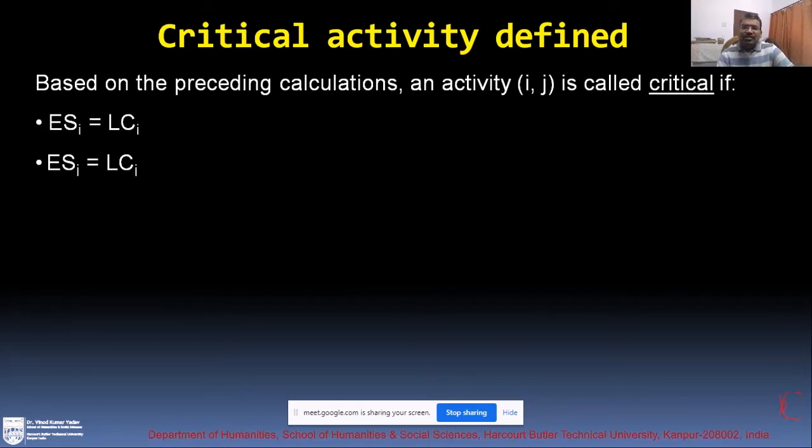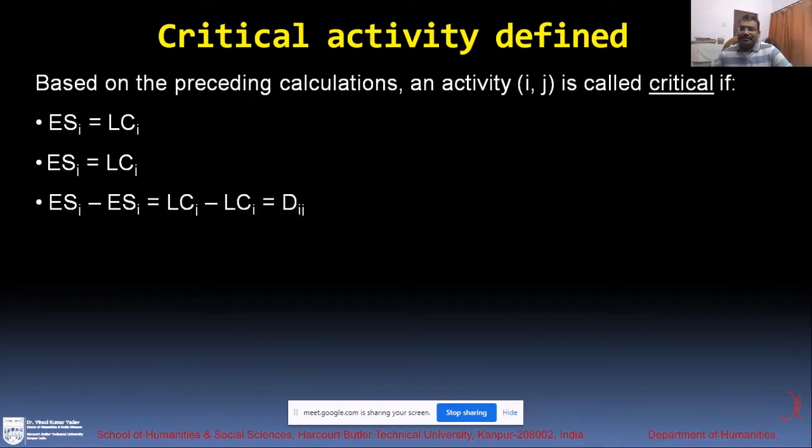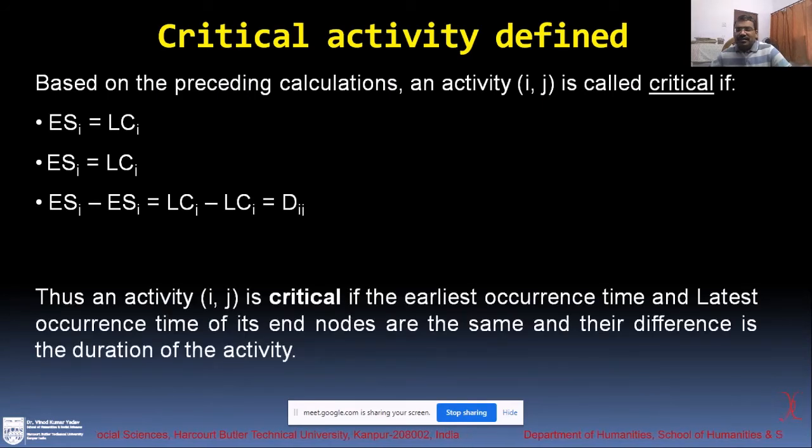Based on this preceding calculation, the activity Ij is called critical if the earliest start time and latest completion time are the same. That activity is called a critical activity. Thus an activity I, J is critical if the earliest occurrence time and latest occurrence time of its nodes are the same, and their difference is the duration of the activity.